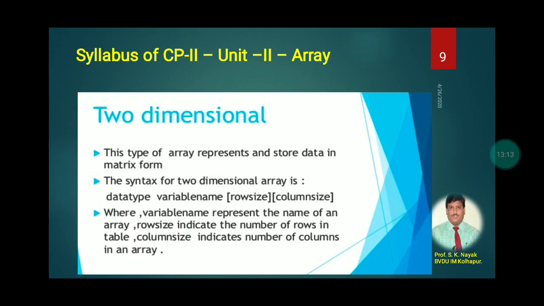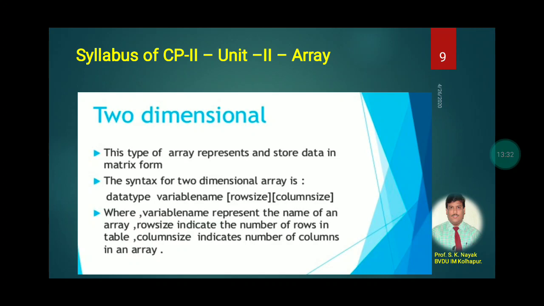Two dimensions means a row specification and a column specification, but in a one-dimensional array there is no specification of rows and columns, only the size. Here we have the size of row, then the size of column.